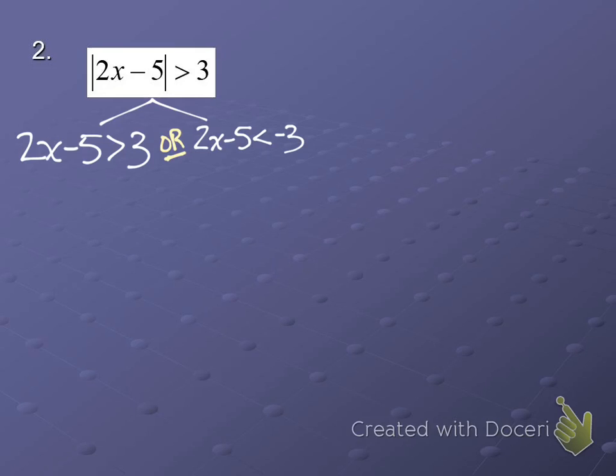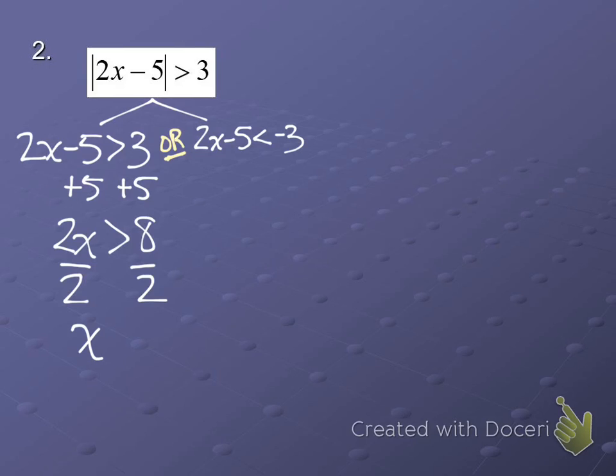Okay, now we are ready to solve. You're skipping ahead of us. Okay, let's solve them. What am I going to do? Add 5. I have 2x is greater than 8. Divide by 2, and we get x is greater than 4.